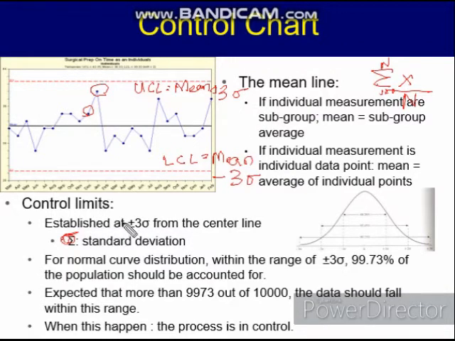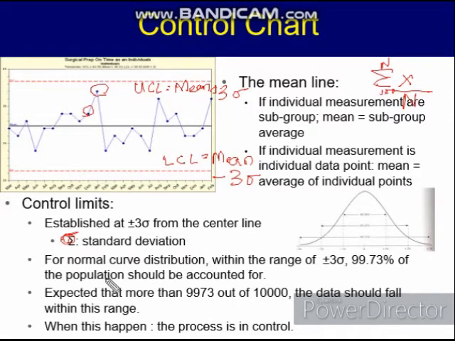So the upper control limit is mean plus 3 standard deviations, and the lower control limit is calculated as mean minus 3 standard deviations.